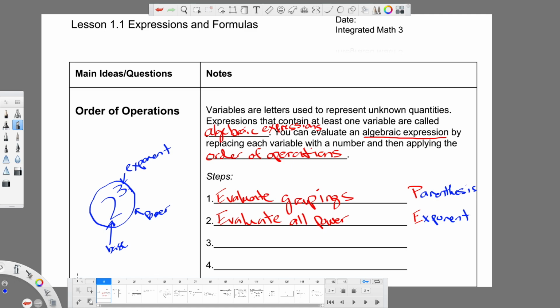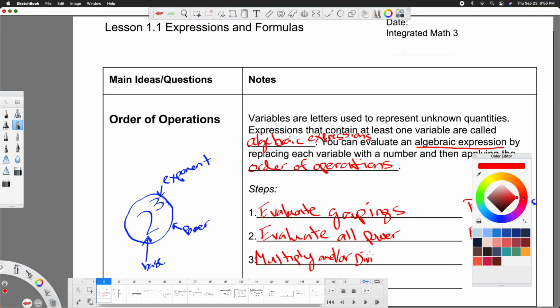Then we have multiply and or divide from left to right.